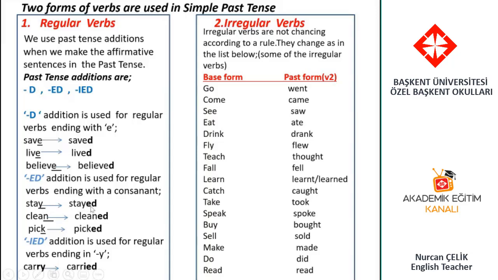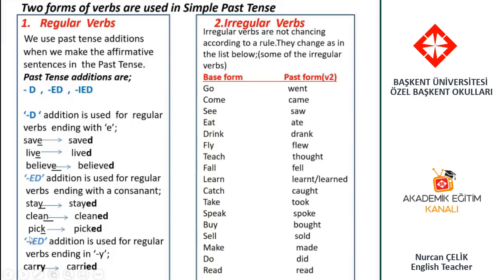So, when we use past tense addition, we say stayed. Stayed is verb 2. Clean, a consonant, and we add ed. Cleaned, verb 2. Pick, k is consonant, and we add ed as picked. Picked is verb 2 here.